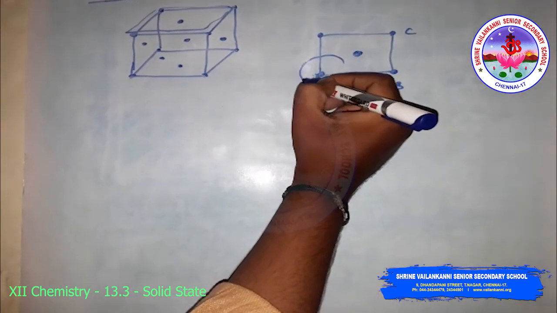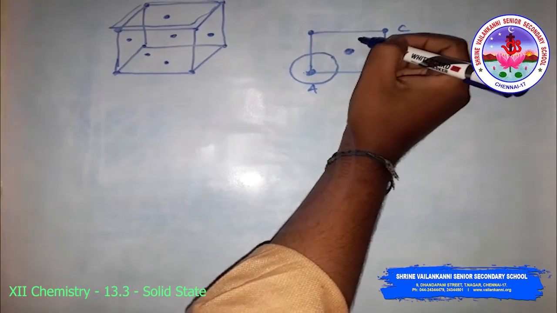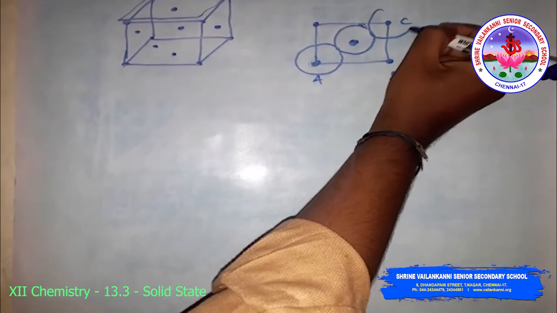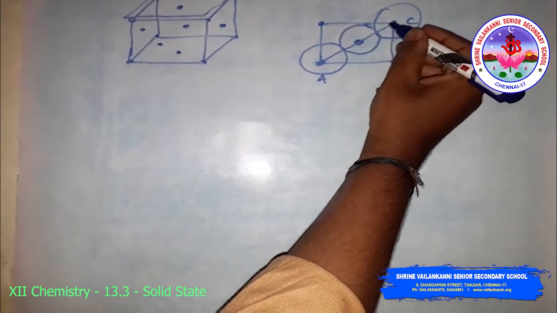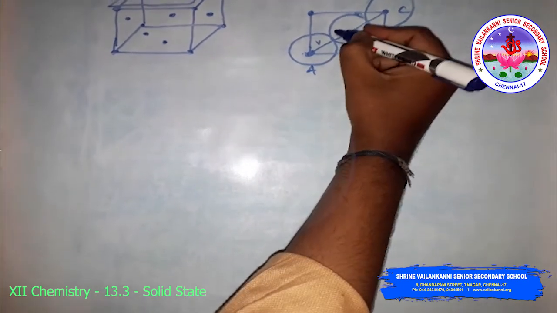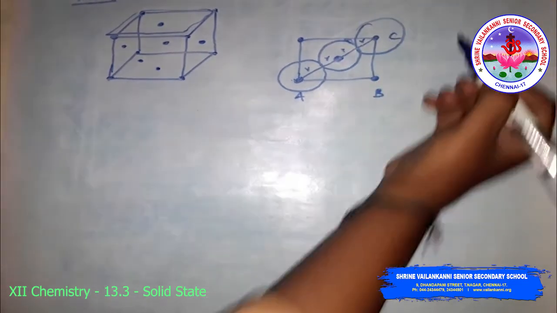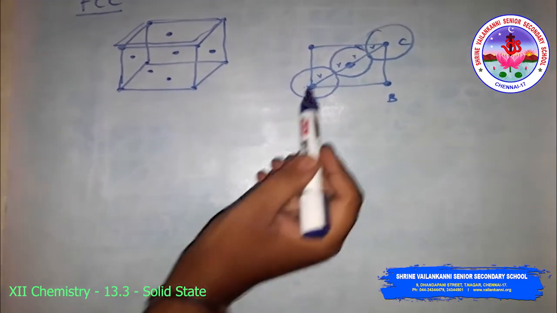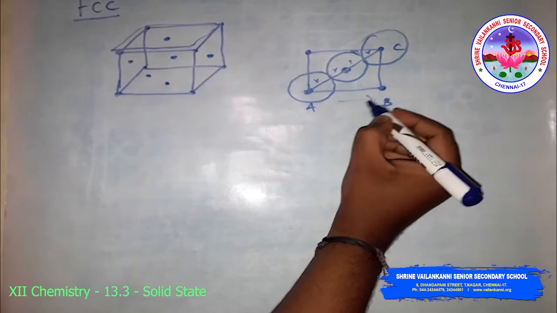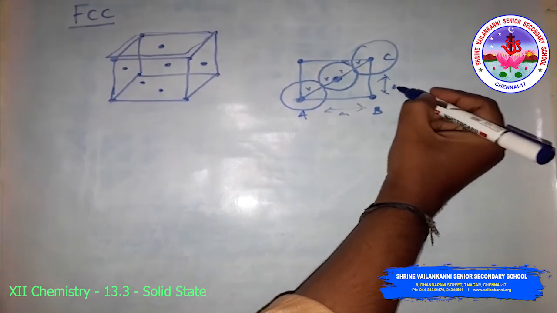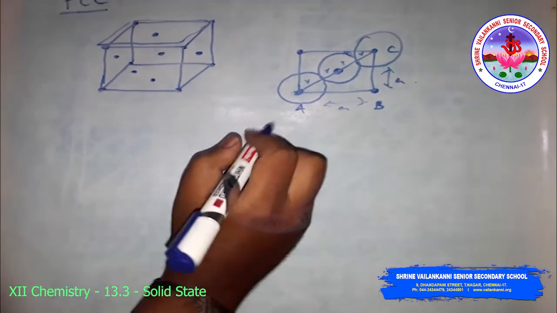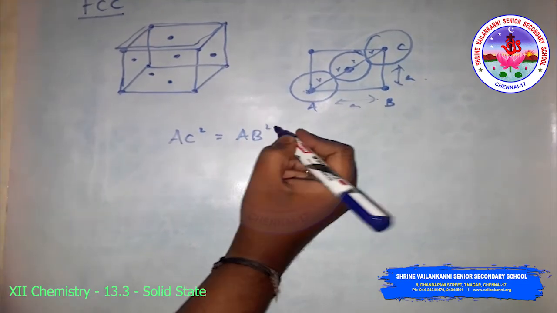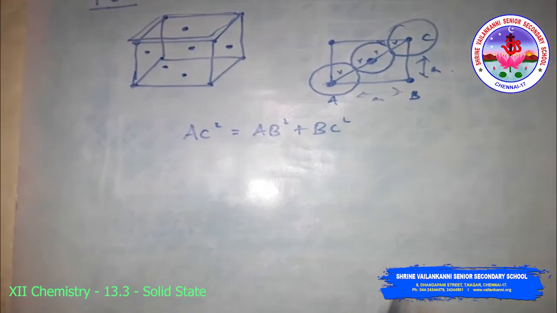Now the radius of the sphere like this. This is R, this is 1 R and this is another 1 R, atomic radius is half of the sphere, so that this will become 4R, and this is edge length A and this is edge length A. Now according to the Pythagoras theorem, AC square is equal to AB square plus BC square.